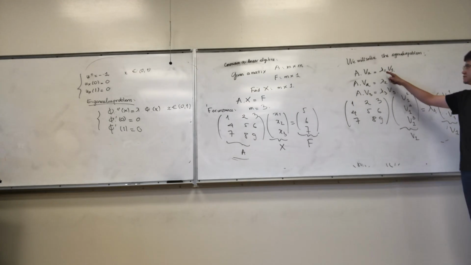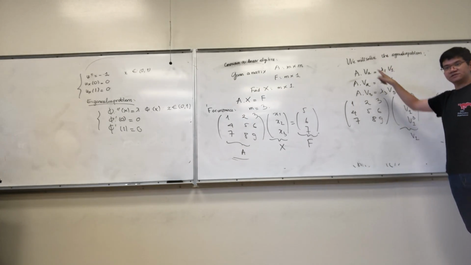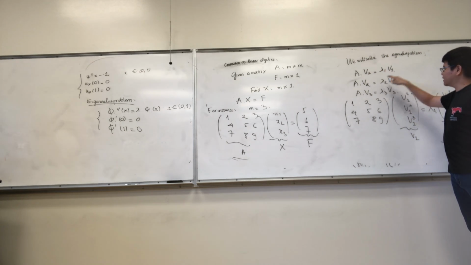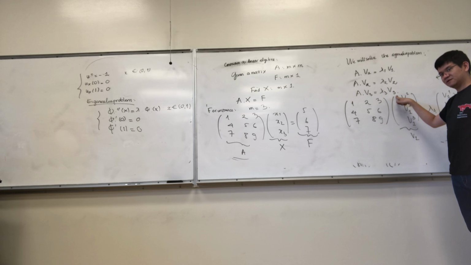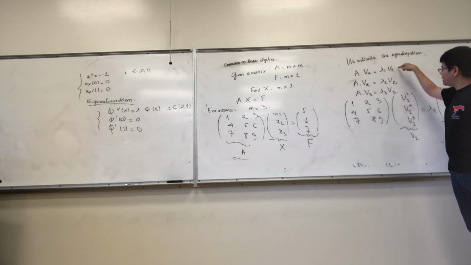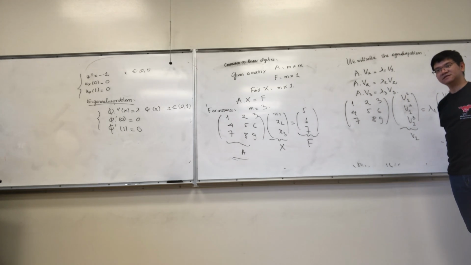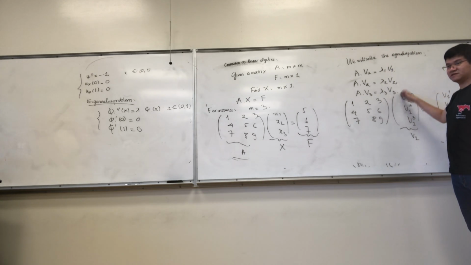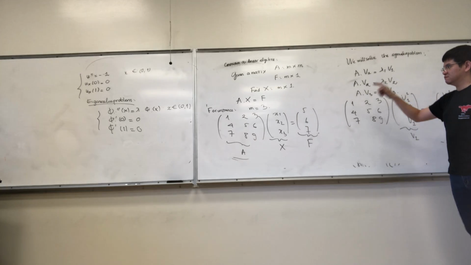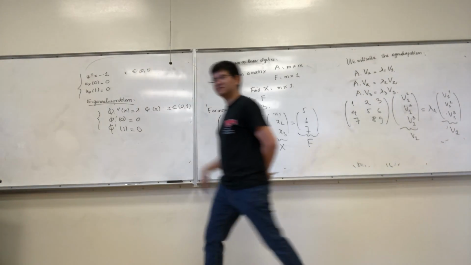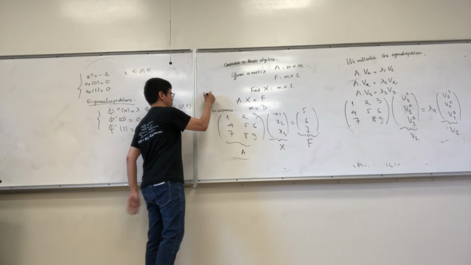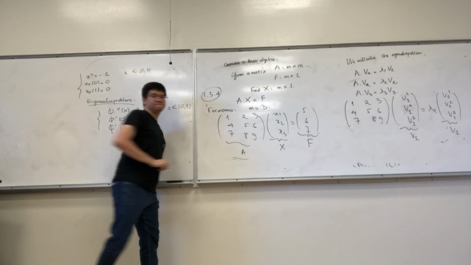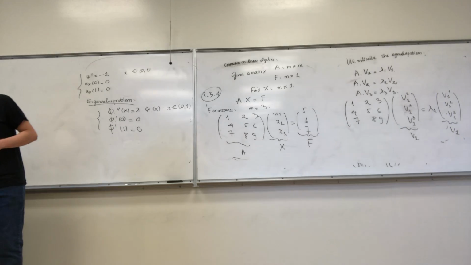I'm going to find three vectors V1, V2, V3, such that A V1 is lambda 1 V1, A V2 is lambda 2 V2, A V3 is lambda 3 V3. So what happens with those vectors? You can make a linear combination. Yes, so these three vectors will become a basis to solve this problem. I'm going to discuss this later. This is 2.3.4. So see you on Thursday.